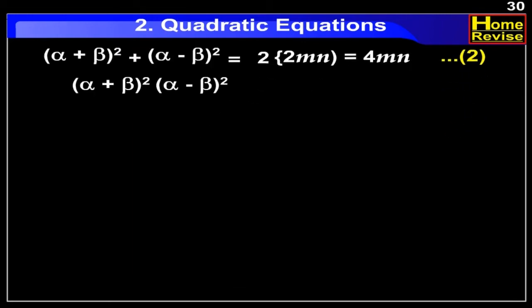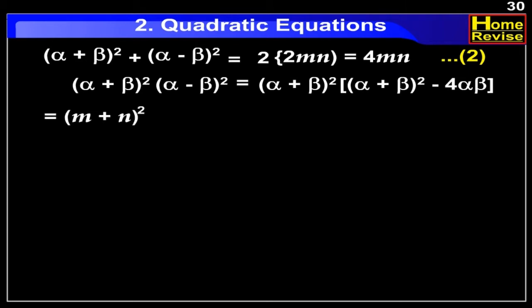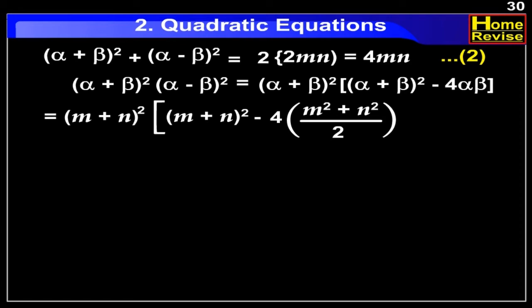Now (alpha plus beta) whole square into (alpha minus beta) whole square is equal to (alpha plus beta) whole square into {(alpha plus beta) whole square minus 4 into alpha beta}. Once we put in the values, it would be (m plus n) whole square into {(m plus n) whole square minus 4 into (m square plus n square) upon 2}.